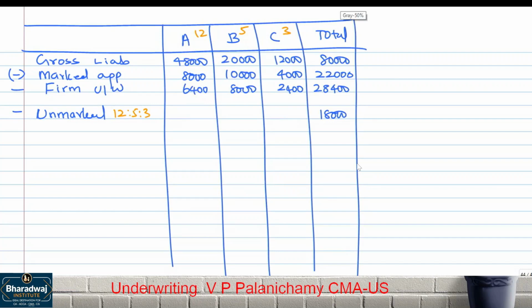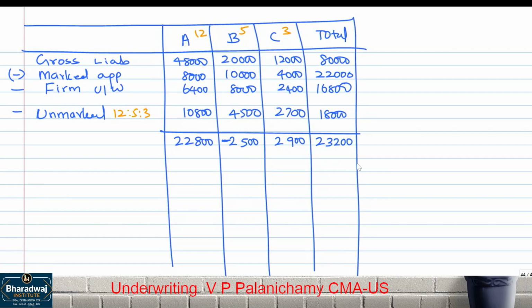How much? 10,800. Deduct it, you will get surplus or normal liability. Yeah, firm underwriting 16,800. Okay, so what will you do with the surplus?